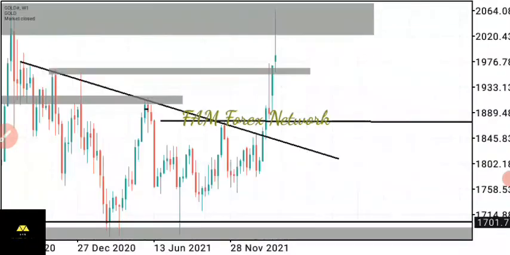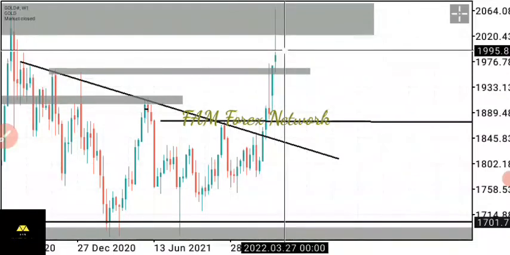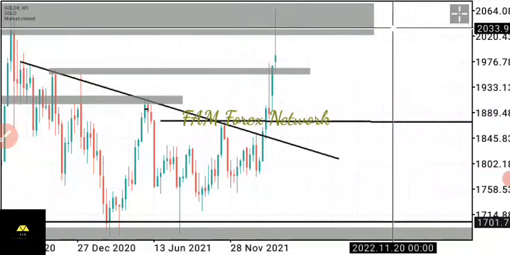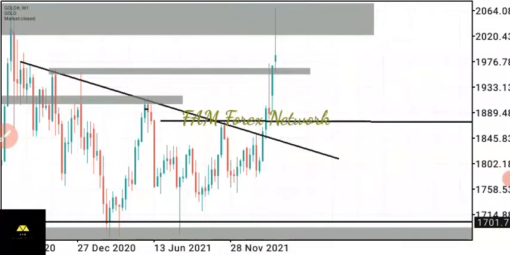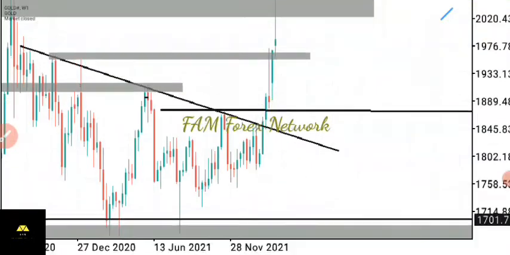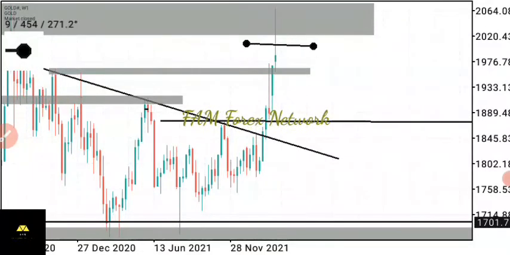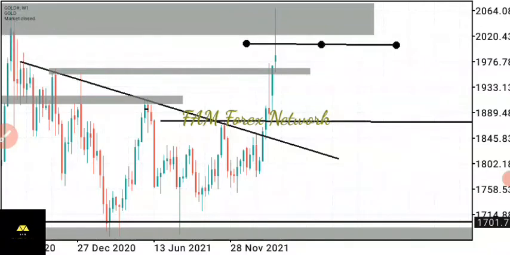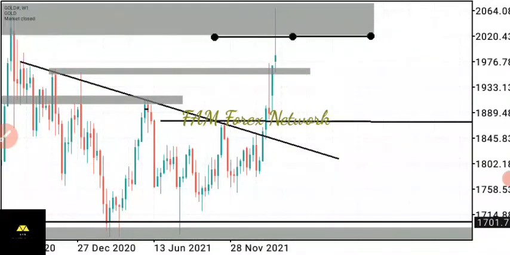So we can look at this. Normally I should be shorting gold right now, but I am more of a conservative trader. So what I do is I wait. Looking at this place, I know that gold is going to rally up because you're seeing this kind of rejection.